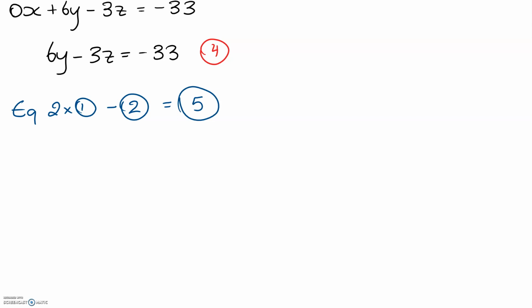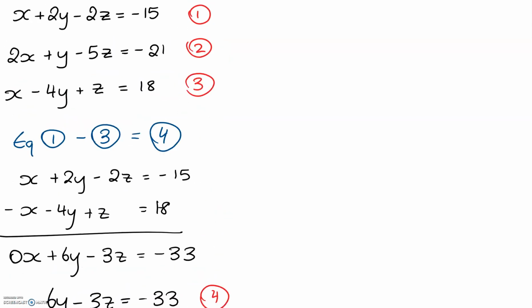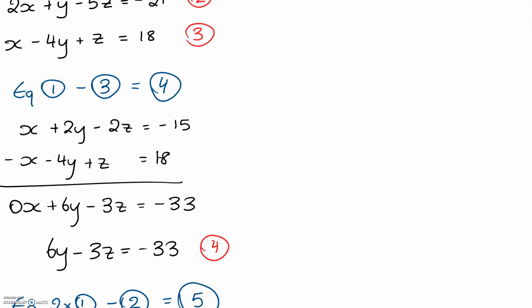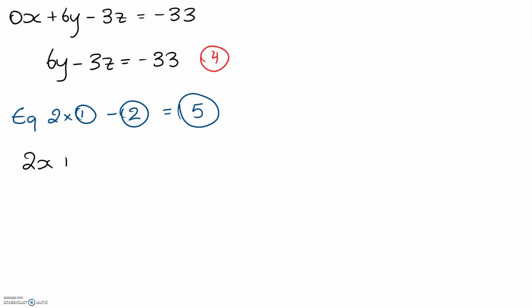So 2 times equation 1 is 2x plus 4y minus 4z equals negative 30. And we're going to subtract equation 2, which is 2x plus y minus 5z equals negative 21.